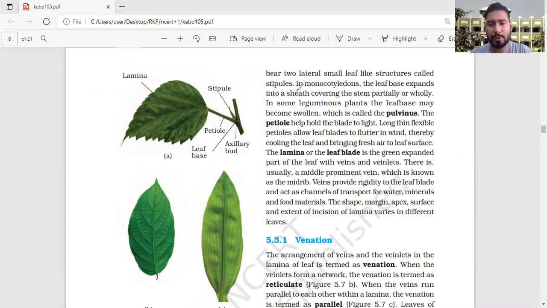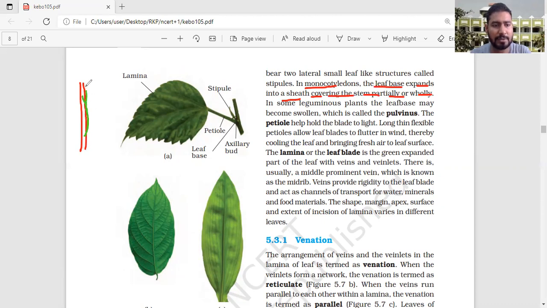In monocotyledons, the leaf base expands into a sheath covering the stem partially or wholly. In the case of monocots, the leaf base forms a special structure that looks like a sheath. Sheath means it covers the stem like this.